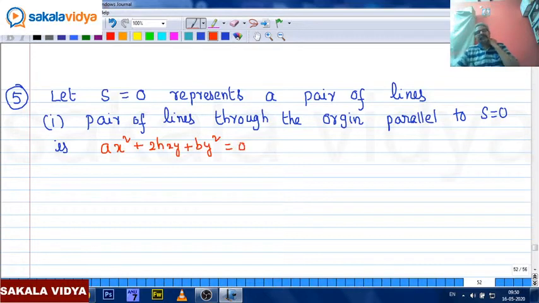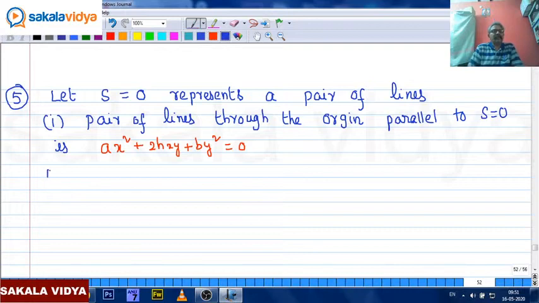That means the pair of lines through the origin and parallel to S is equal to 0 is ax square plus 2hxy plus by square is equal to 0. So ax square plus 2hxy plus by square is equal to 0 and S is equal to 0 will form a parallelogram. Compulsorily they form a parallelogram.